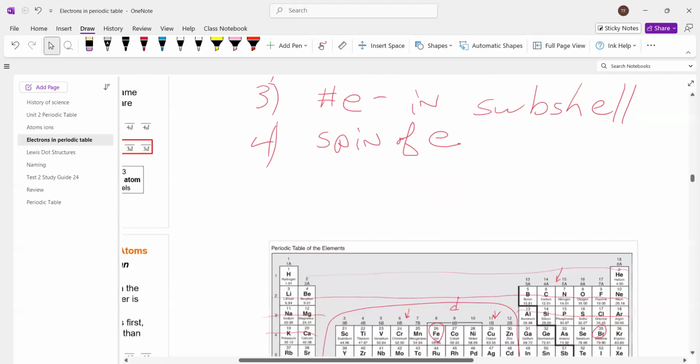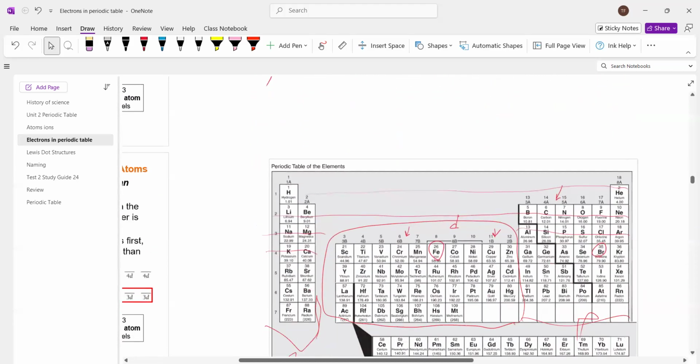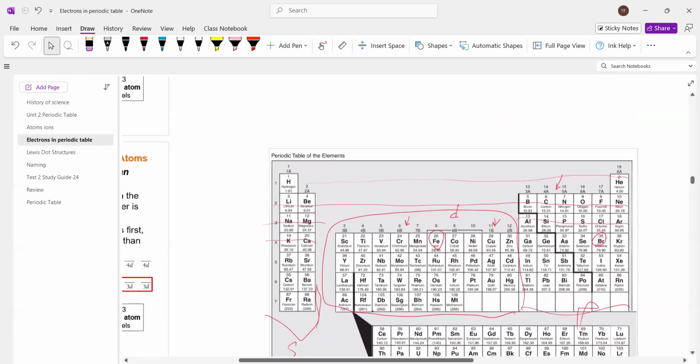Okay, now we're going to get interesting. Let's do iron, 26 electrons.